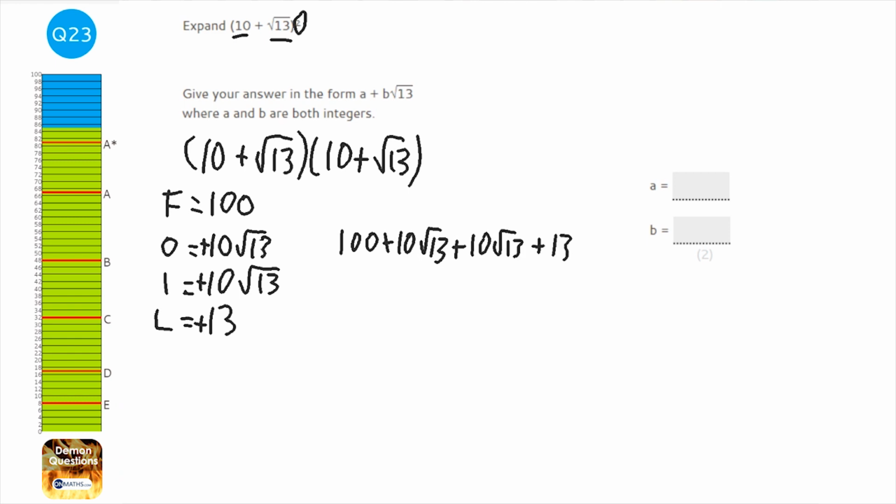So the 100 and the 13 go together, so 113, plus we've got 10 lots of root 13 plus 10 lots of root 13, which is 20 lots of root 13. So it asks for what A and B are. So A is 113 and B is 20.